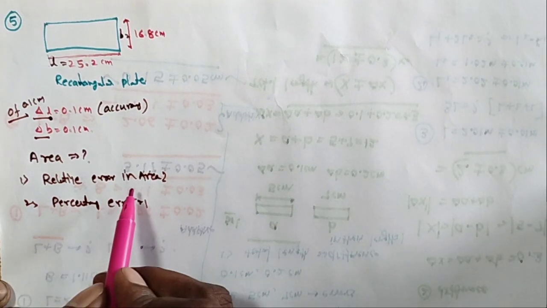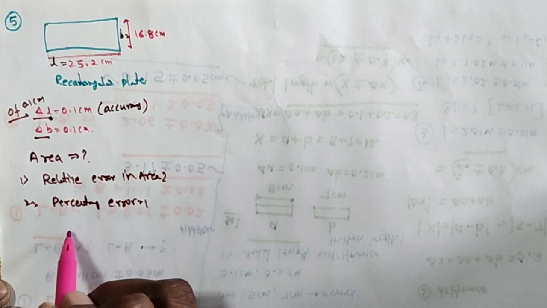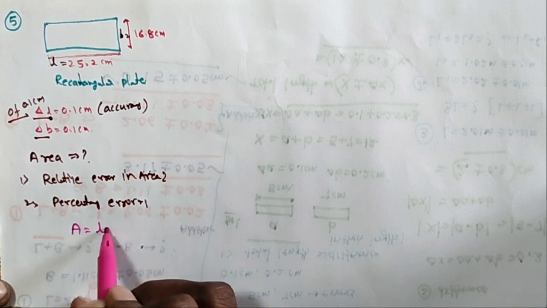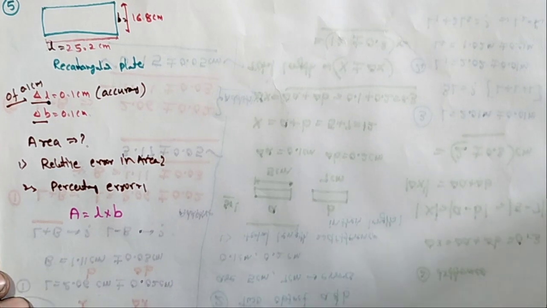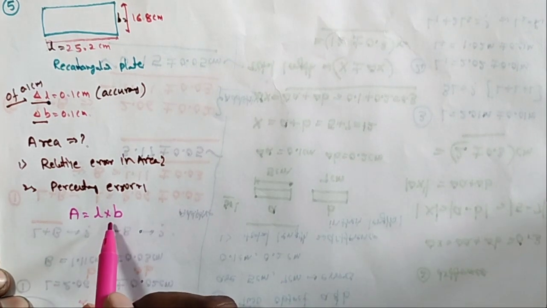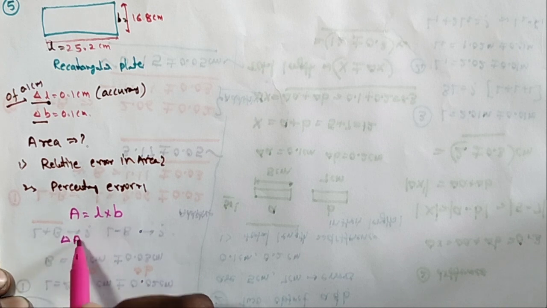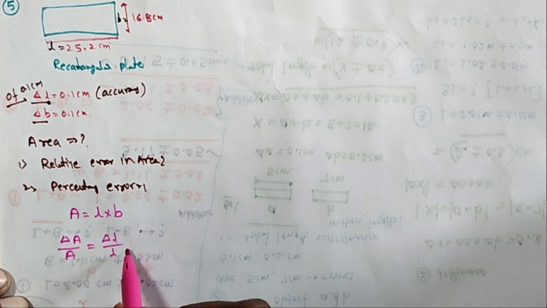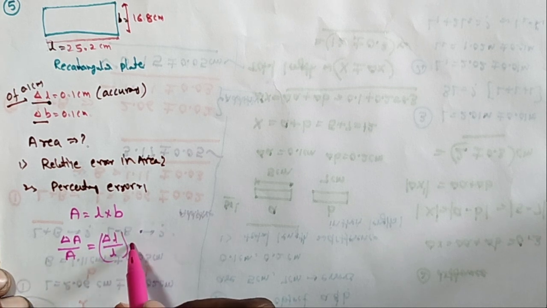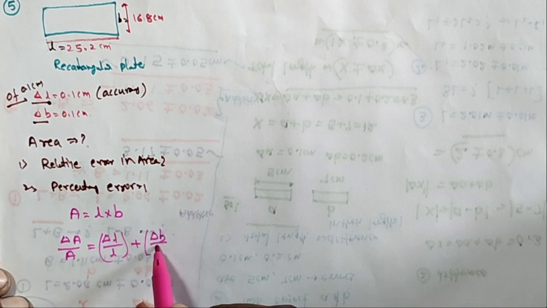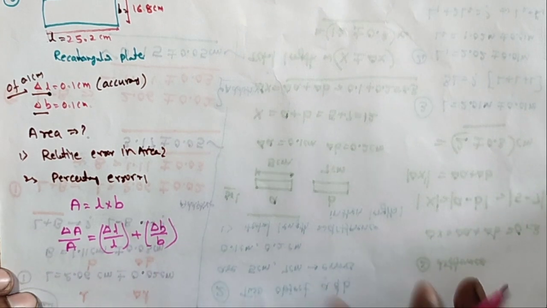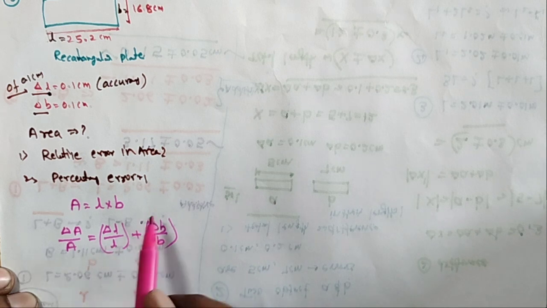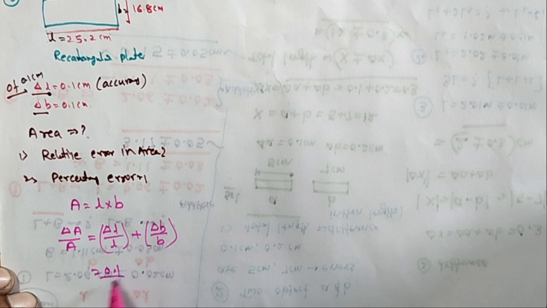So see, very simple. What is the relative error? Area, what is the formula? Area is equal to length into breadth. We know the formula very well. So what is delta A by A? Delta A by A is equal to delta L by L plus delta B by B. Very simple. You know the formula. What is delta L? 0.1 by 25.2 plus 0.1 by 16.8.